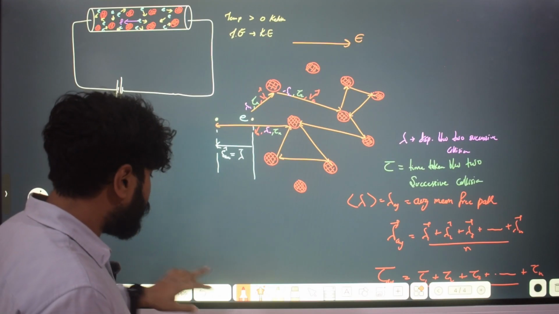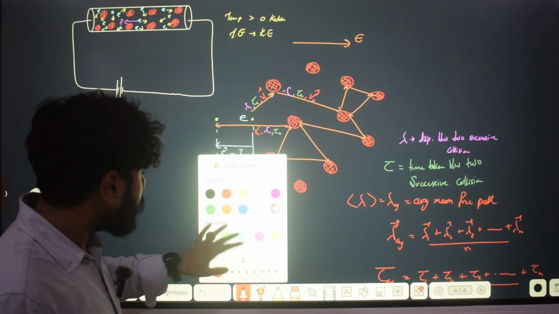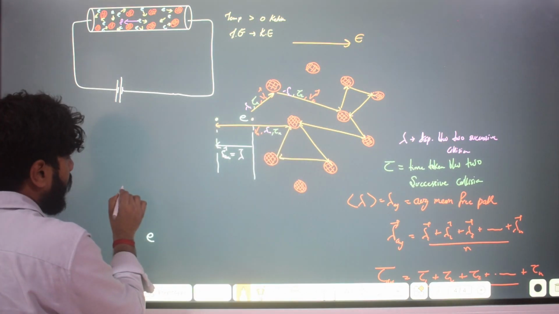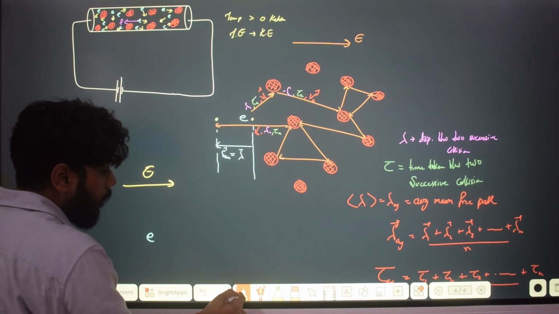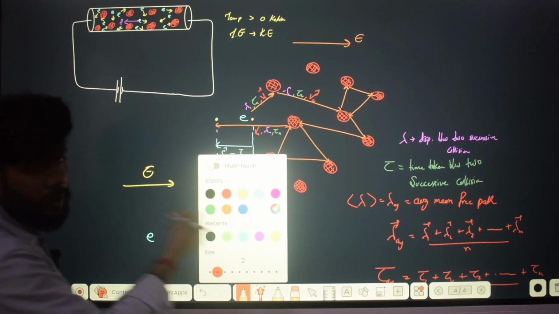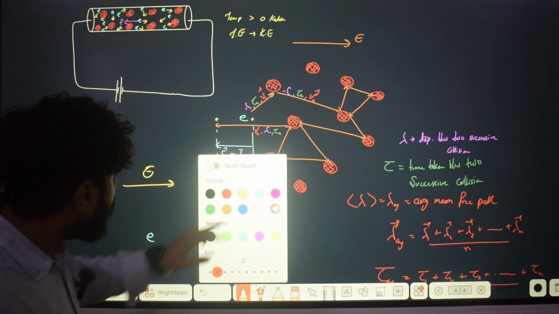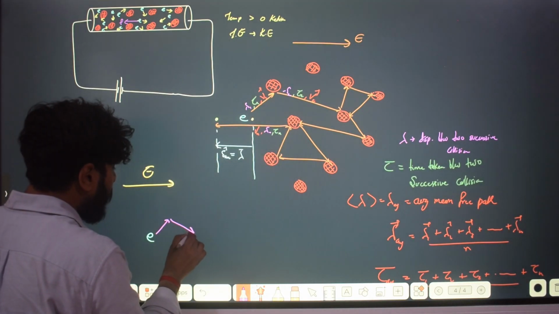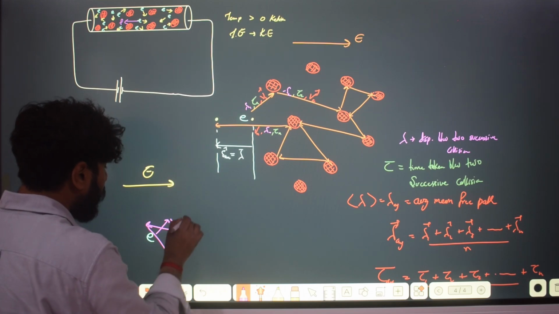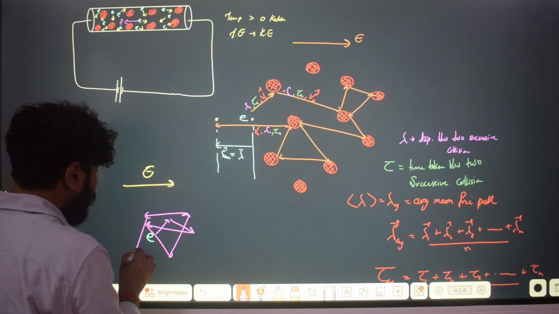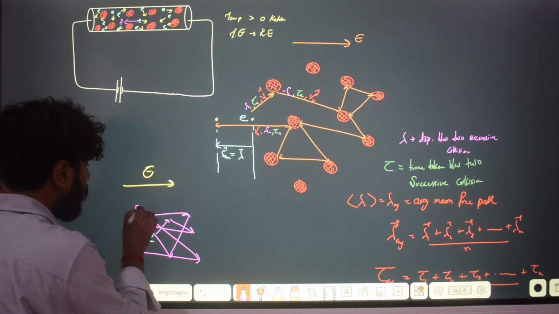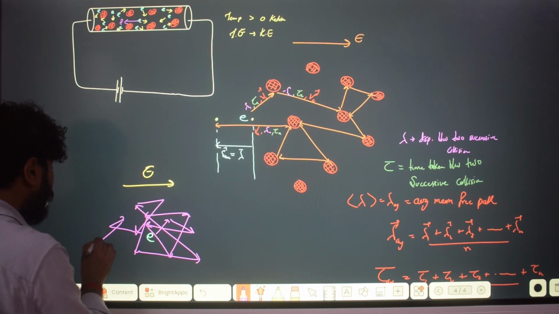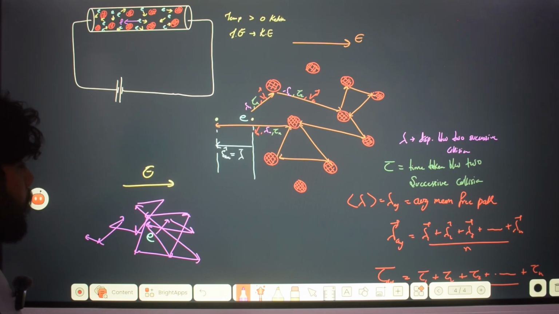Right? So what is your drift velocity? If you see here, imagine there is an electron and again the electric field due to the battery is like this. So we know the electron will experience force in this direction, but because it also has thermal energy, it will move very randomly from here to here, right? Very randomly, it will be going back and forth and making some very unpredictable motion, but still this unpredictable motion will lead the electron to move in the direction opposite to the electric field.